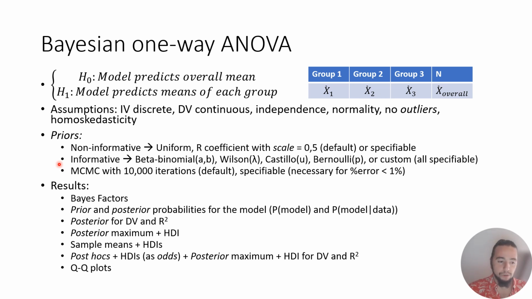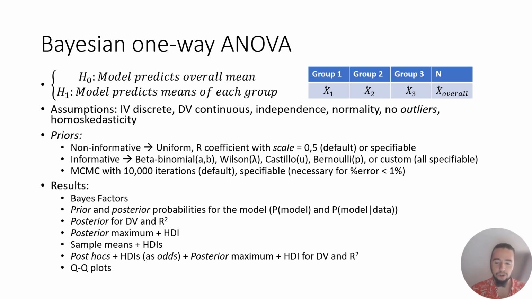Whatever we want to choose, we will create MCMC estimations with 10,000 iterations. Remember that we need to check that everything is okay to then try to describe the model. The results that we will have are Bayes factors towards the probability of including this model. That is, the probability of the model is going to be the prior, and the probability of the model given data is going to be the posterior. The posterior is also going to be given for the dependent variable and an R squared.